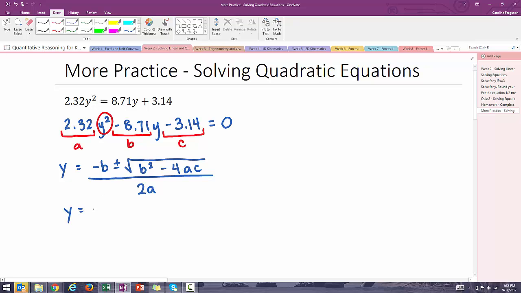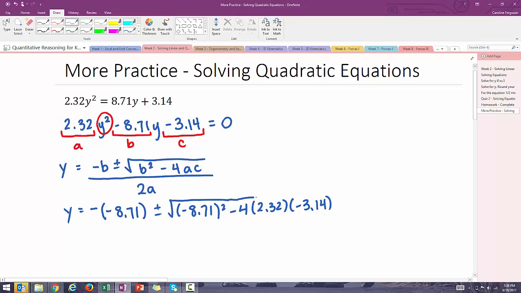My b is negative 8.71, but there's a negative here, so don't forget: negative 8.71 plus or minus the square root of b squared, so that would be negative 8.71 squared minus 4 times a, 2.32, times c, negative 3.14.